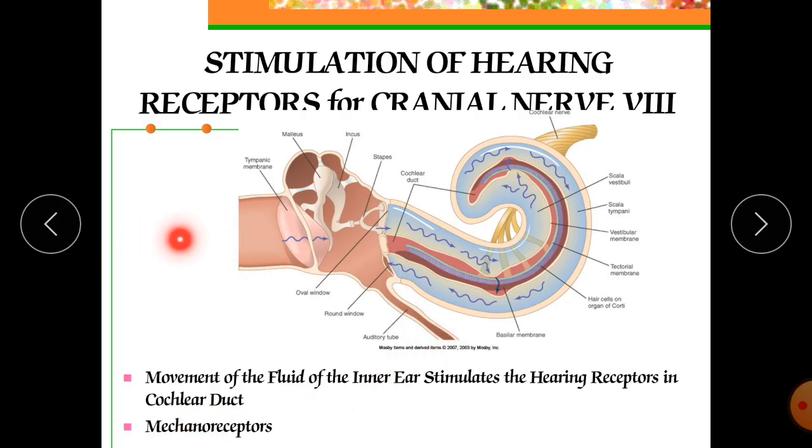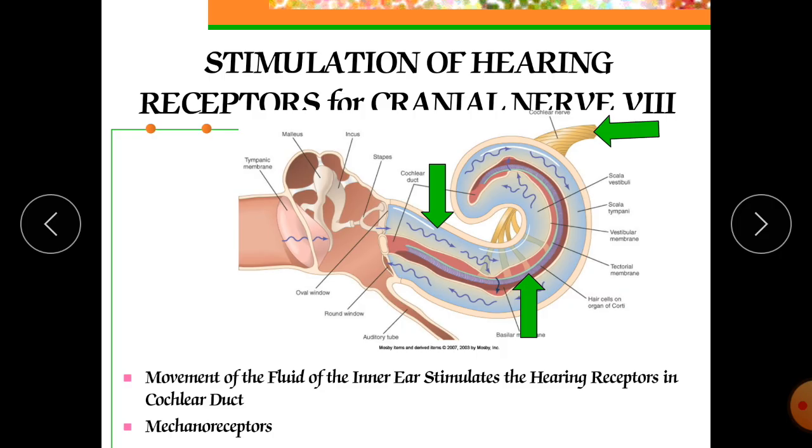Mechanoreceptors means if any sound wave is exposed to your eardrum, the mechanoreceptors and the hearing receptors are here. So it is the perilymph at the cochlea part where the pressure starts to develop. That vibration is going to get converted into pressure vibration, and after that, lastly, the cochlear nerve.